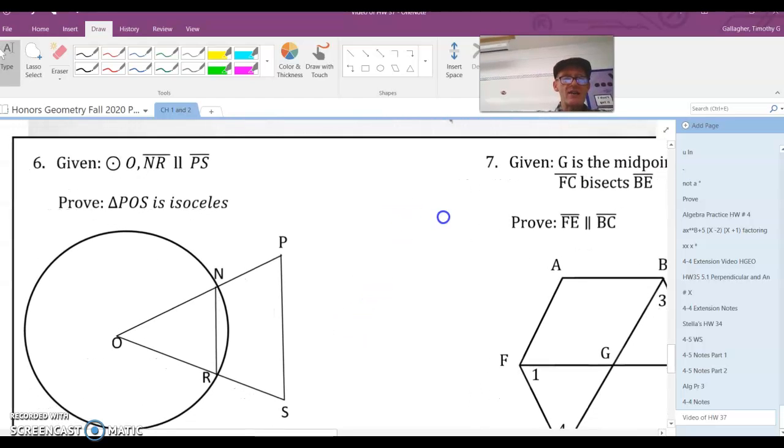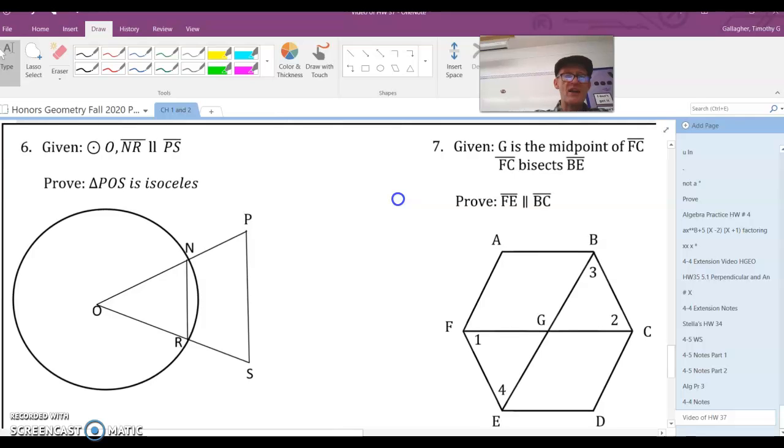So number 6 says we're given the circle at the center O. Okay, so we know that this segment here is congruent to this segment because all radii are congruent. And then we also know that NR is parallel to PS. So these 2 segments here are parallel. Now we have to extend those lines like this.